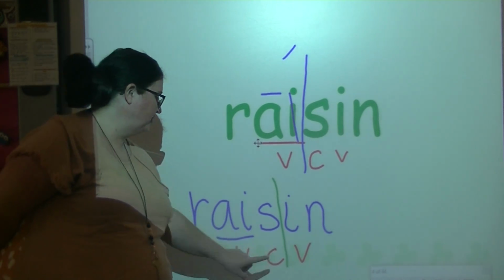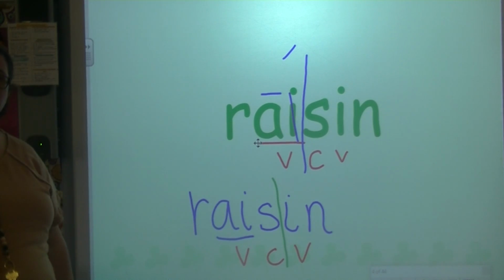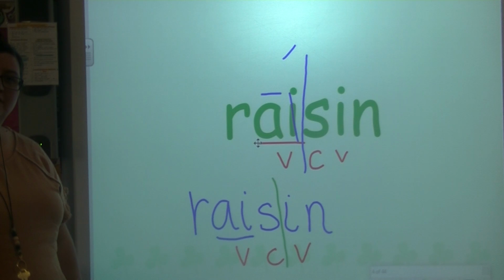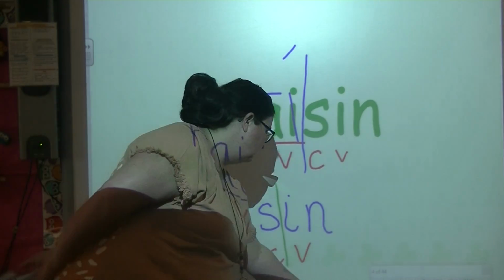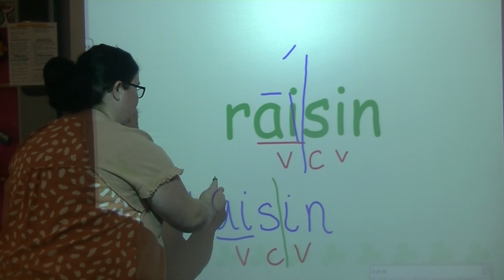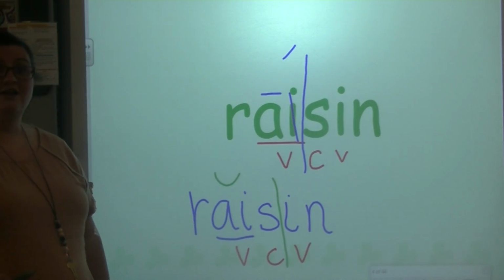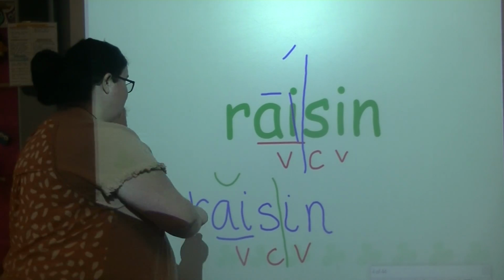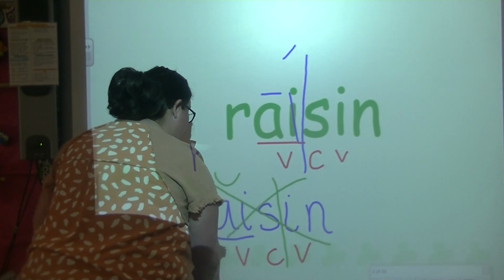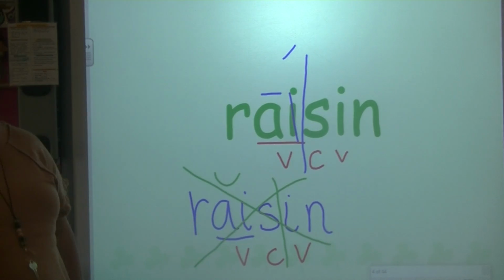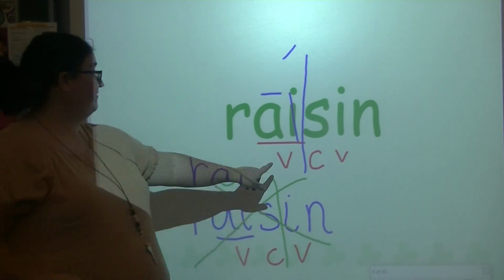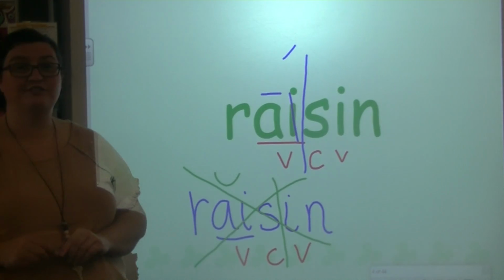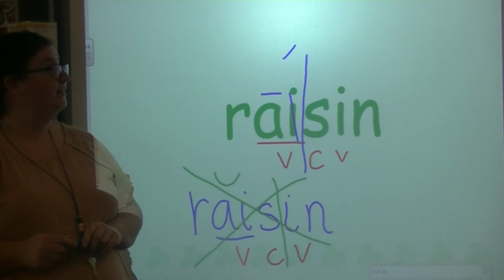A vowel followed by a consonant would be what? That would be short. Would that make sense? No. So that doesn't work when you have digraph AI. You have to divide after the first vowel to keep it long.